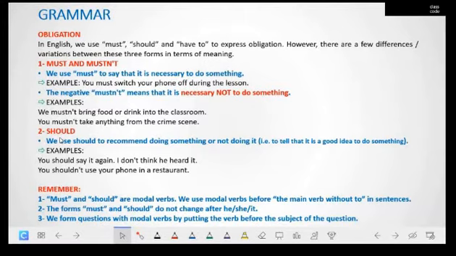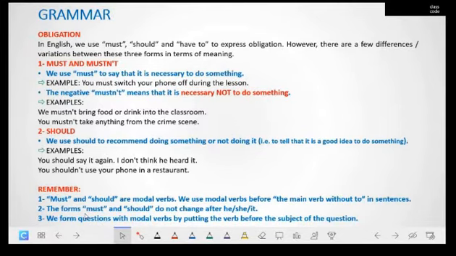Examples: we mustn't bring food or drink into the classroom. You mustn't take anything from the crime scene. All right. Now we have should. We use should to recommend doing something or not doing it, i.e., to tell that it is a good idea to do something.